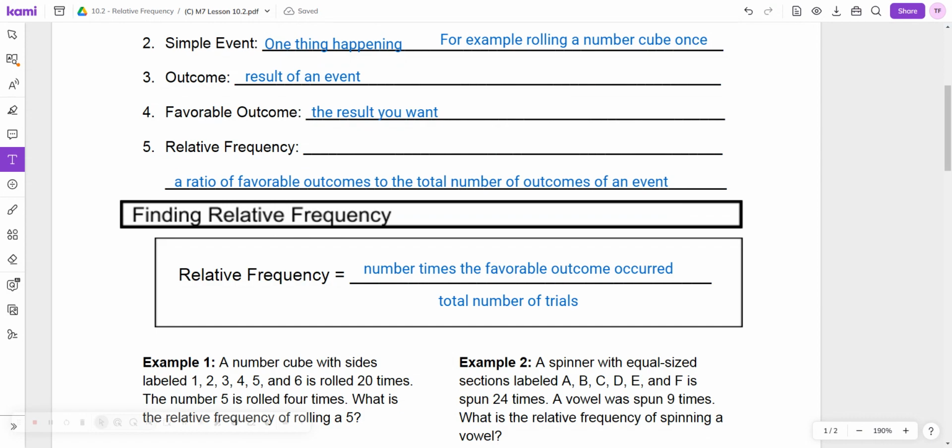So relative frequency is equal to a ratio of the number of times the favorable outcome occurred over the total number of trials, the total number of times that we did the activity.